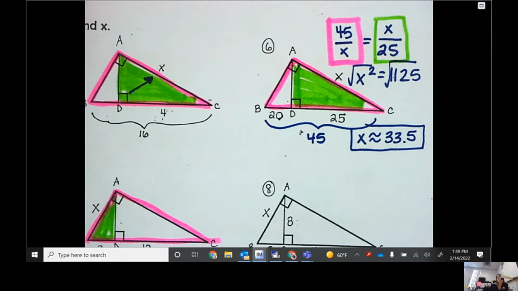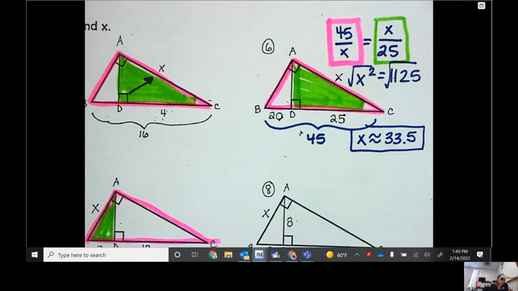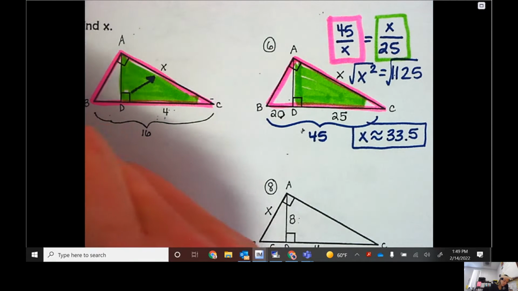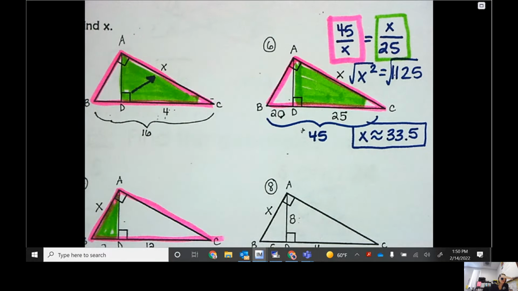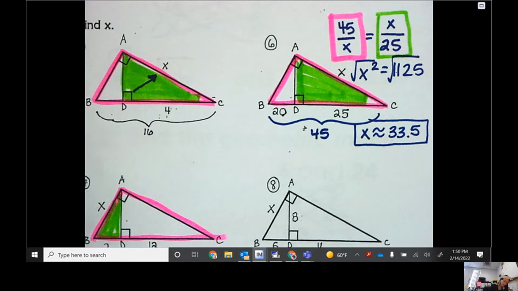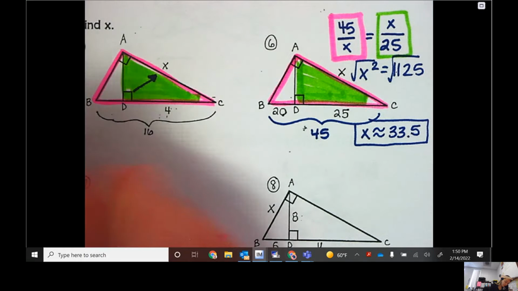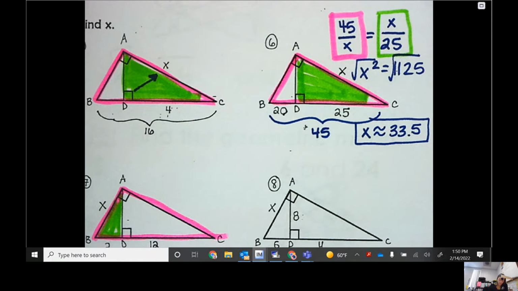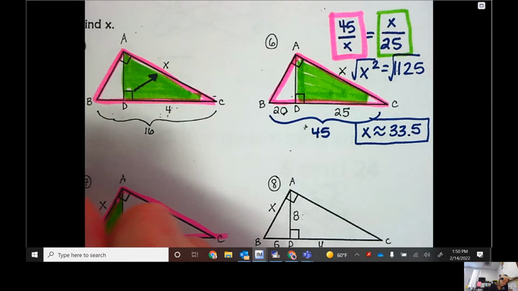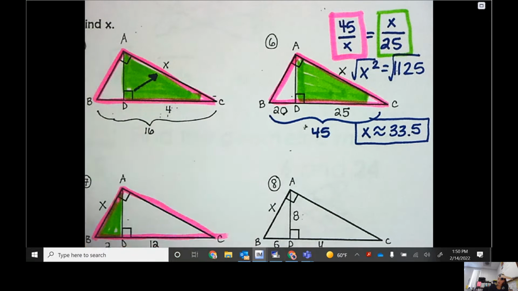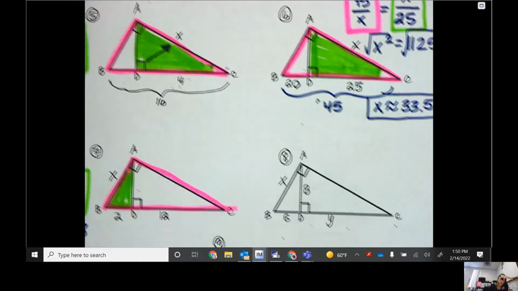That's not the whole triangle. 45. Ah, 45. 25 on the other. Correct. And then I put the X. Correct. Yes. Okay. You're welcome. Nice catch. Remember to put the approximate sign if you are rounding.